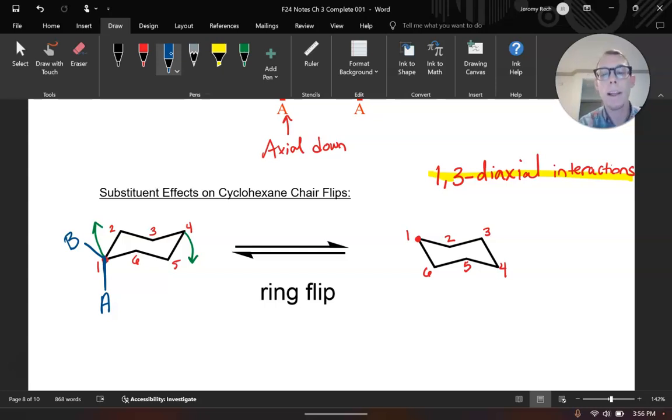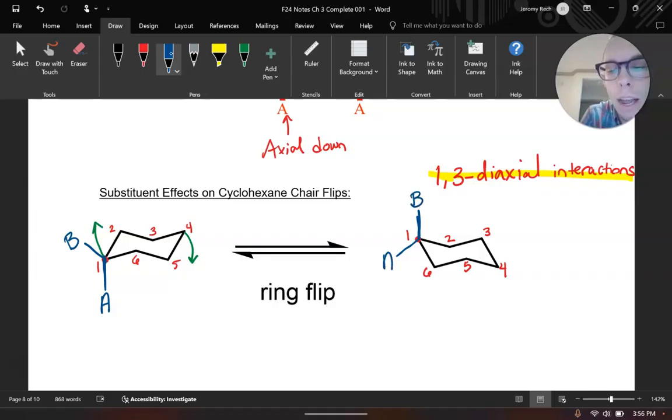So if I look at my new ring, I have my 1 in the top left now, and this is pointing upwards. So my axial is actually going to be an up, and then I have an equatorial that's going to be down. And in my original drawing, B was the thing that was up, so B is going to be the thing that is up.